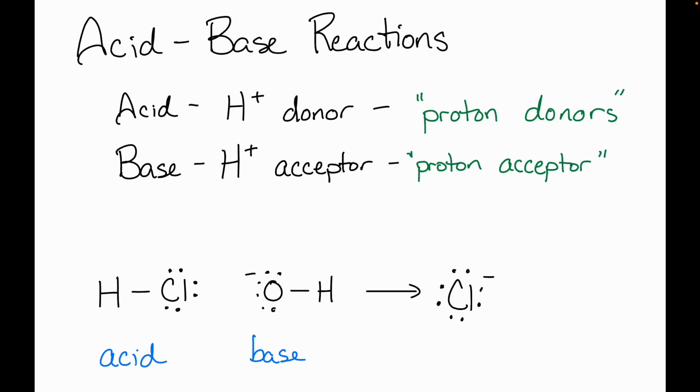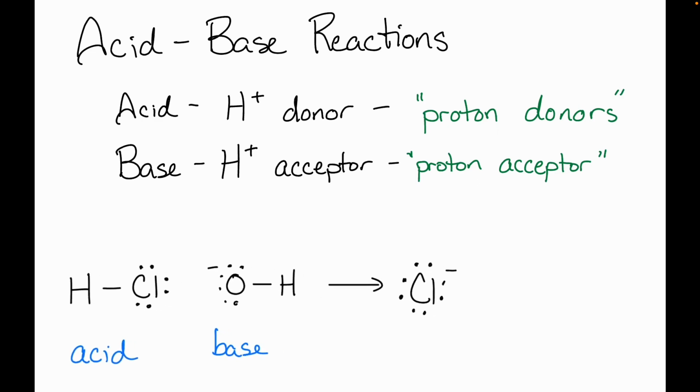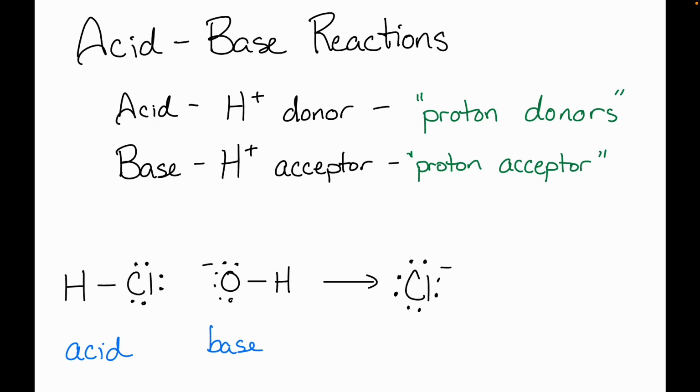The acid becomes what we call the conjugate base. So in this reaction here, my chloride ion is what's called the conjugate base.